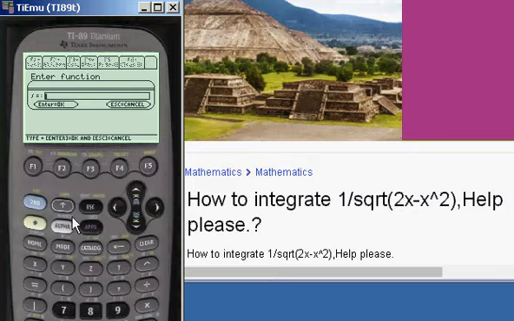We're going to enter the function. You have to press alpha first before you enter things in these entry lines here in my program. So I'm going to press alpha.